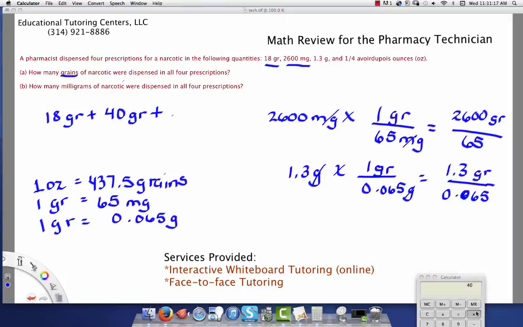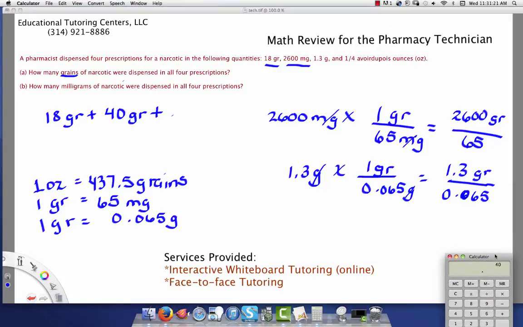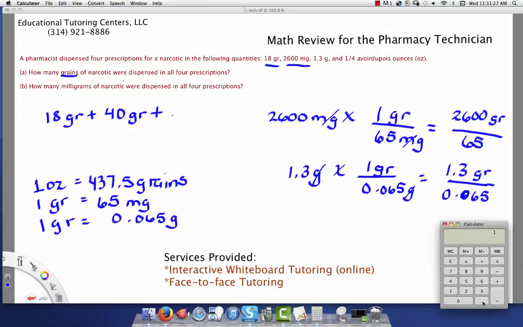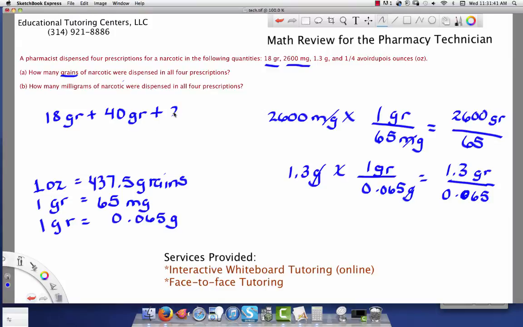So this is 1.3 divided by 0.065. I talk too much, my voice is going. It is equal to 20. So here that'll be adding 20 grains. And so that one's taken care of.